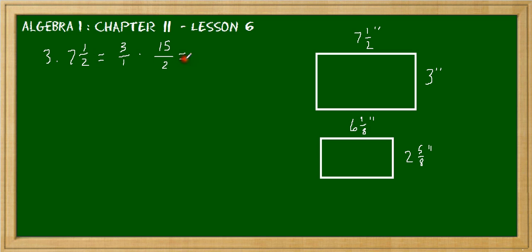So I can go ahead and do that multiplication: 3 times 15 is 45 over 2. Then I can turn this into a mixed fraction, 22 and 1/2. I'm sorry.